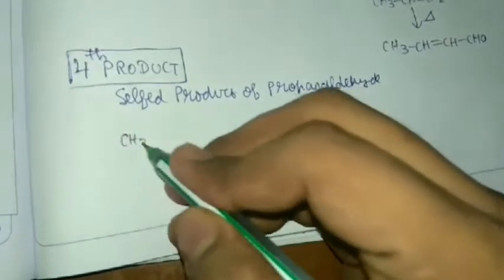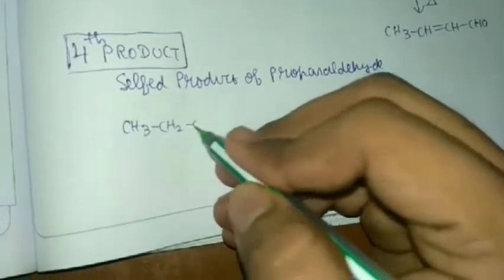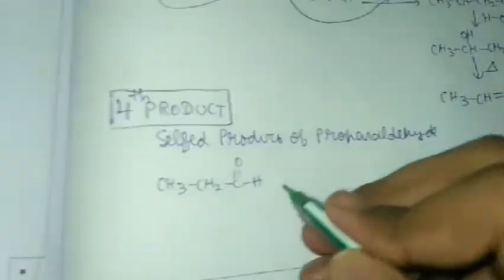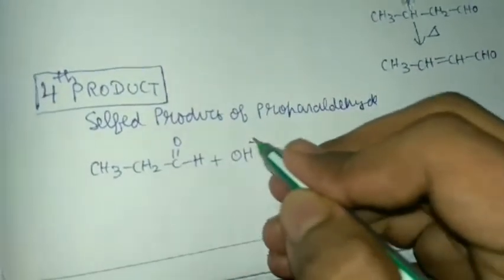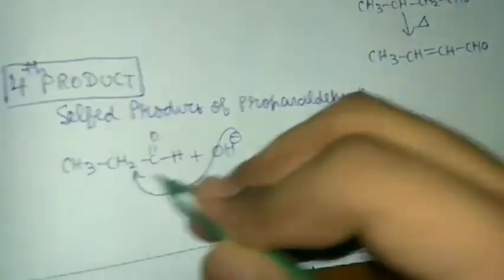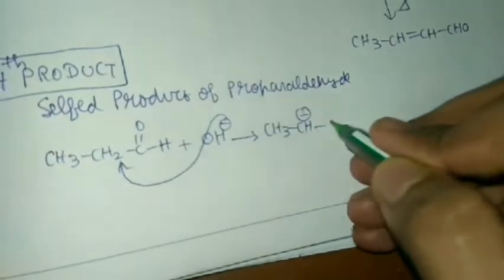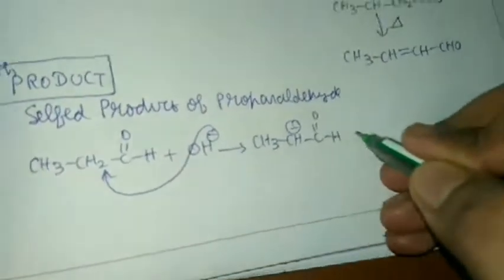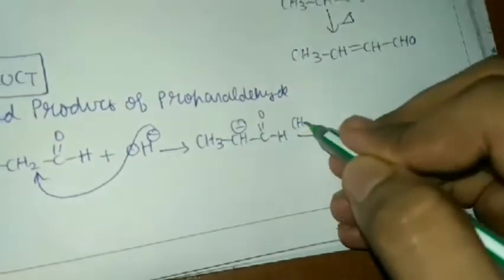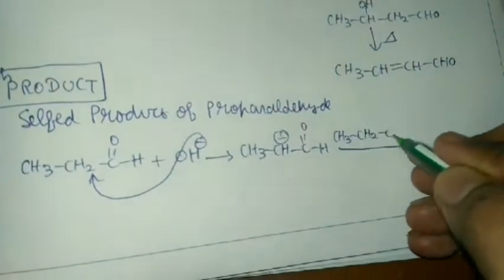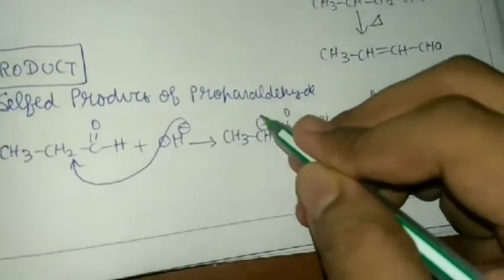So CH3 CH2 C double bond OH will react with OH minus ion to abstract the proton. CH3 CH minus C double bond OH. This will attack the molecule of CH3 C double bond OH.